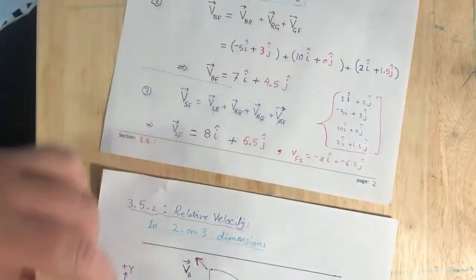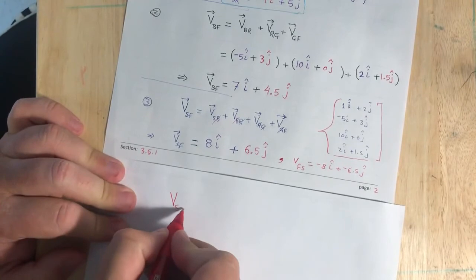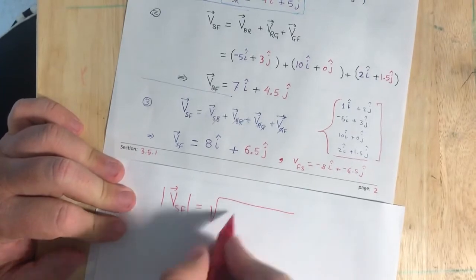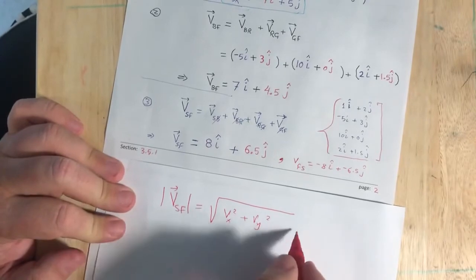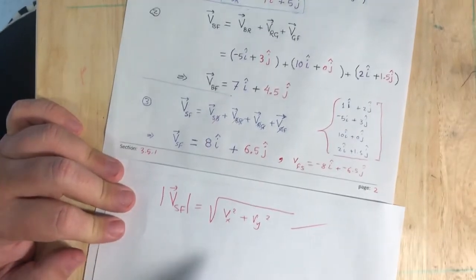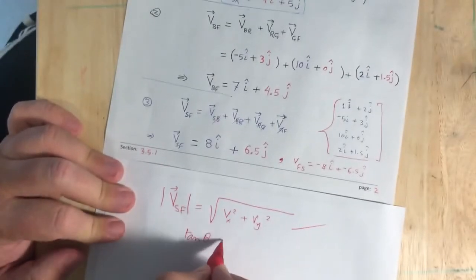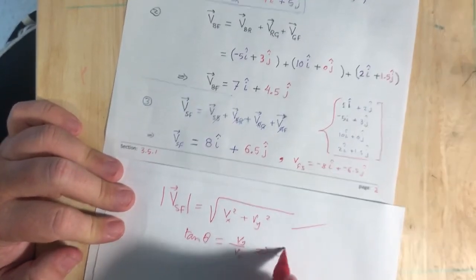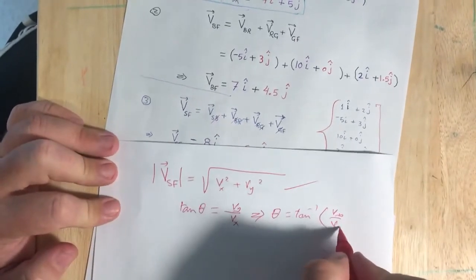If we need to find the total speed, for example, the speed VSF as a magnitude, it is equal to the square root of Vx squared plus Vy squared, which is the Pythagorean theorem. It's easy. And also we can find tan theta is equal to Vy over Vx. Then theta is equal to tan inverse of Vy over Vx.